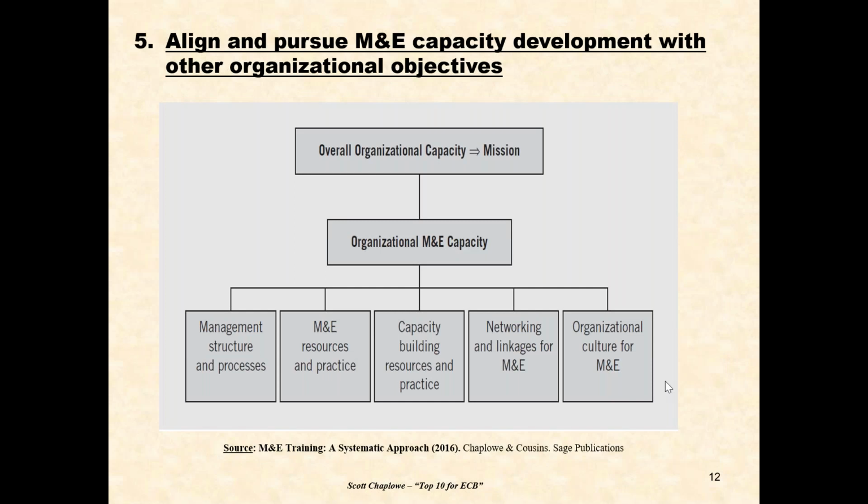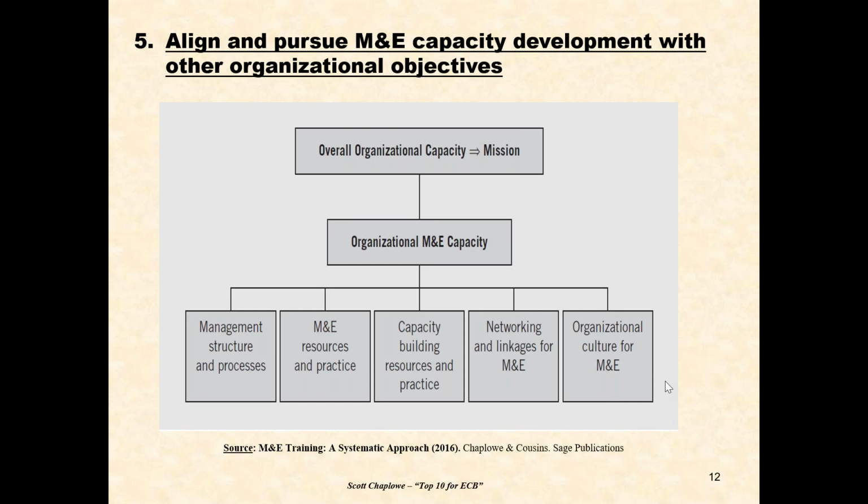The fifth tip that I want to talk about is to align and pursue M&E capacity development with other organizational objectives. So what I have here is showing, for M&E, some things you might want to consider within the larger organization. One of those is that M&E is one area that contributes to the mission of an organization.